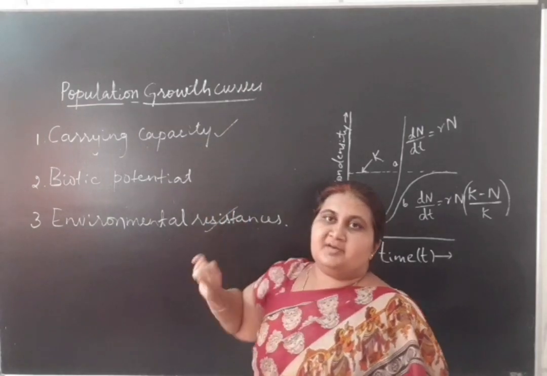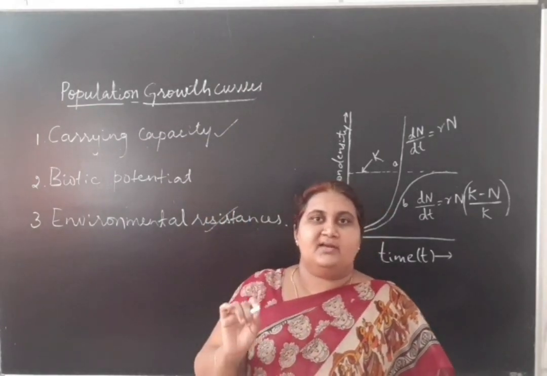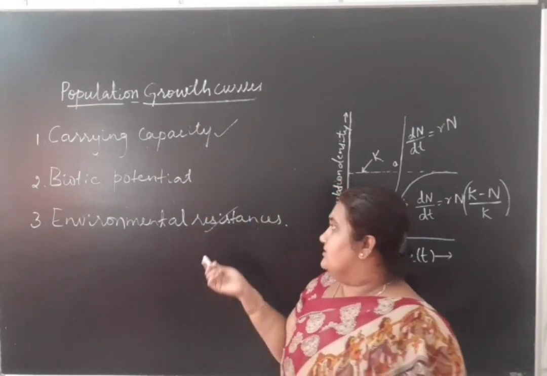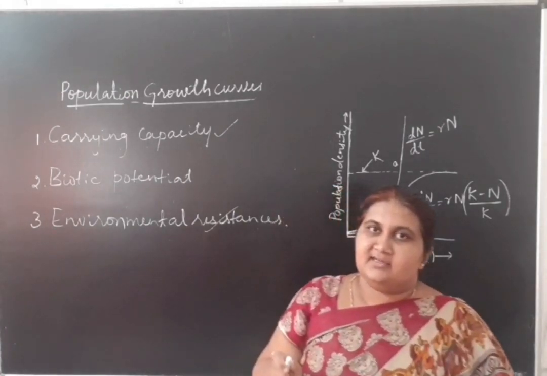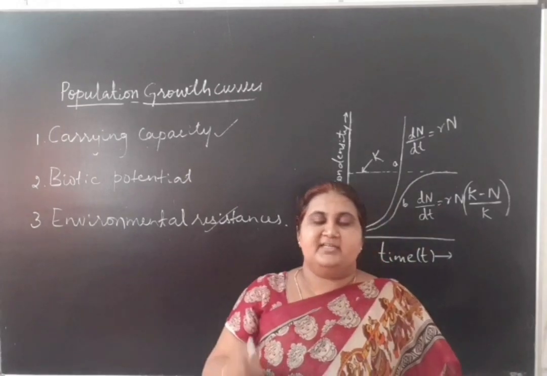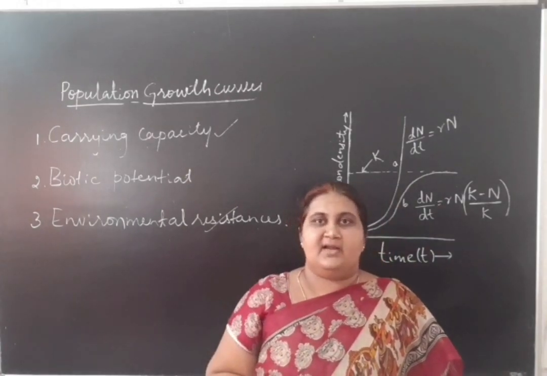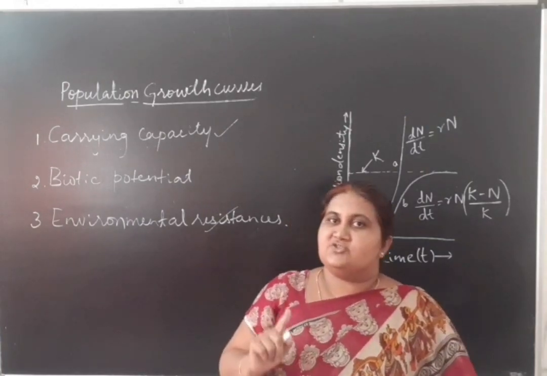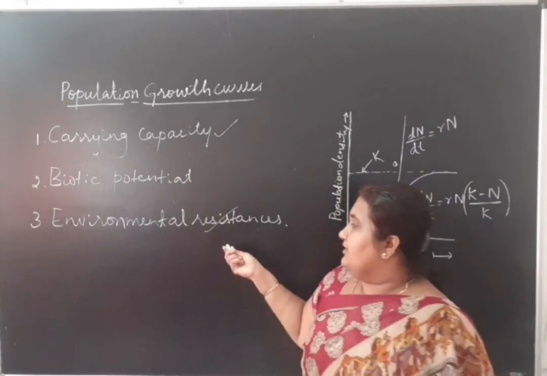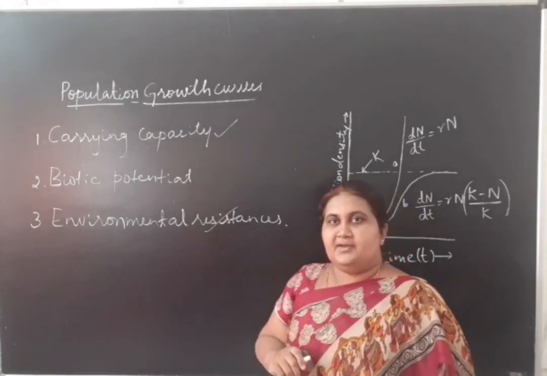Biotic potential is the maximum reproductive capacity achieved under ideal conditions. Environmental resistance is the sum total of biotic factors, such as predators and competitors, and abiotic factors, which check the rise in population size and do not allow a population to reach its biotic potential.